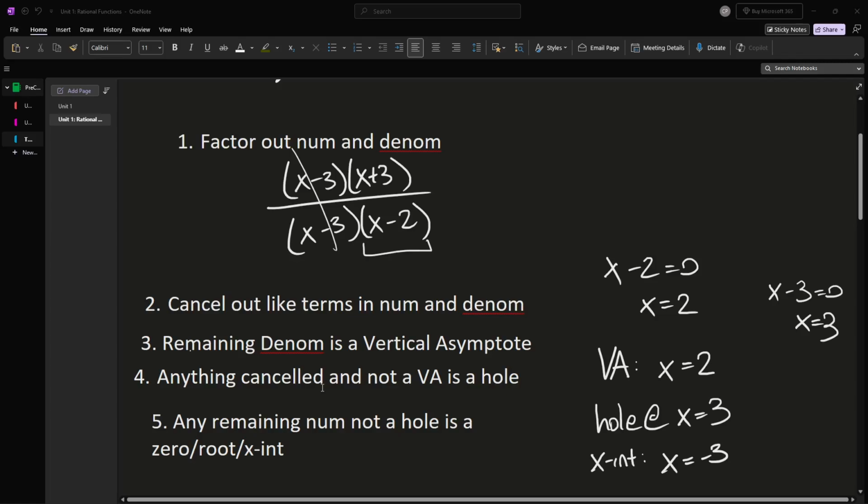Anything that is cancelled and not a vertical asymptote is a hole. Then anything that wasn't cancelled out in the numerator is a 0. So vertical asymptote has highest priority if that remains. Then you have hole, then you have zeros.